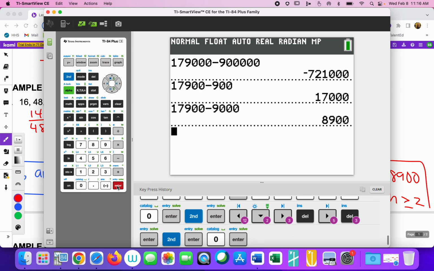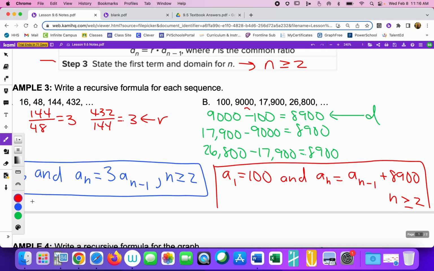So the difference between all those is 8,900. So it's increasing by 8,900. Since it's adding or subtracting, that is the arithmetic one. Multiplying or dividing, geometric.